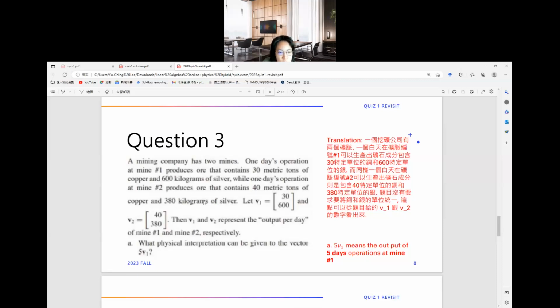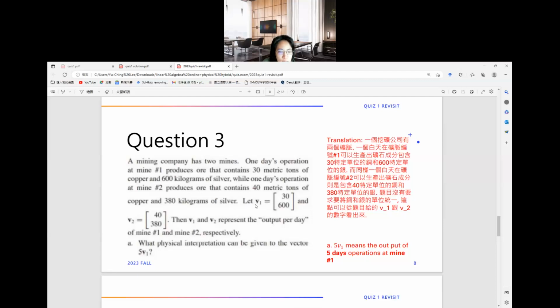But obviously, this question did not want us to convert the units for copper and silver to be identical, because we see that V1 is directly introduced as 30 and 600. The units of 30 and 600 are not the same: 30 metric tons and 600 kilograms, but it doesn't matter.